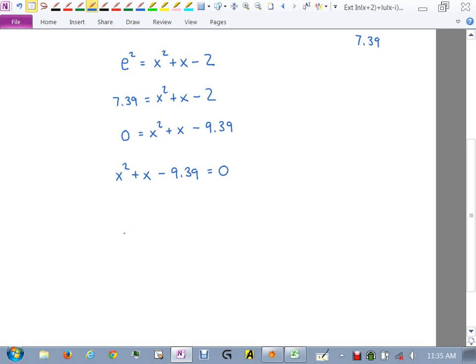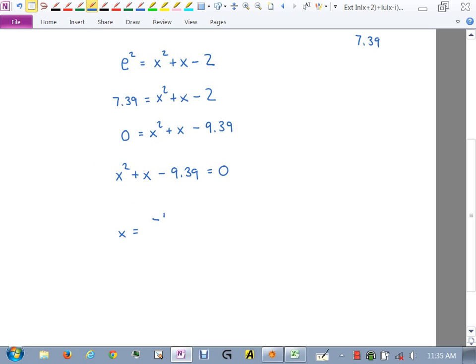So the quadratic formula says that our answers will be x equals negative b plus or minus the square root of b squared minus 4ac all over 2a, right? Yes? So what is negative b for us? Negative 1. It's the number in front of the x, but change the sign.